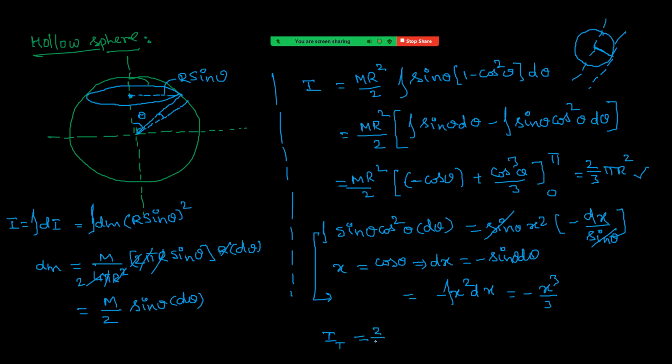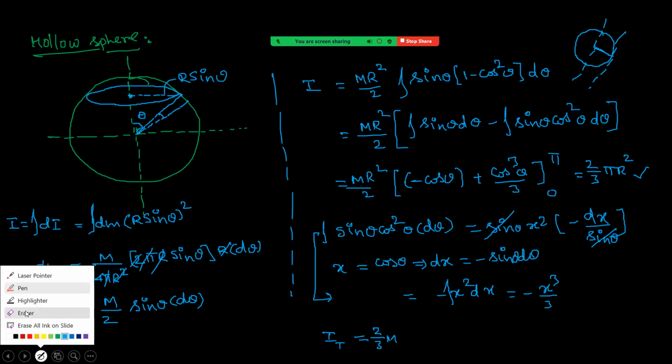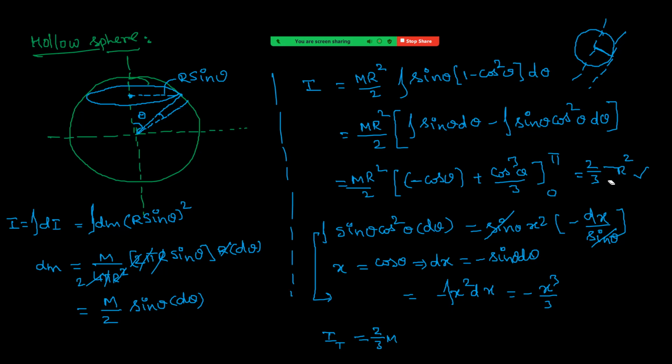That is 2 by 3 m r square plus m r square, since the separation between these two axes is r.